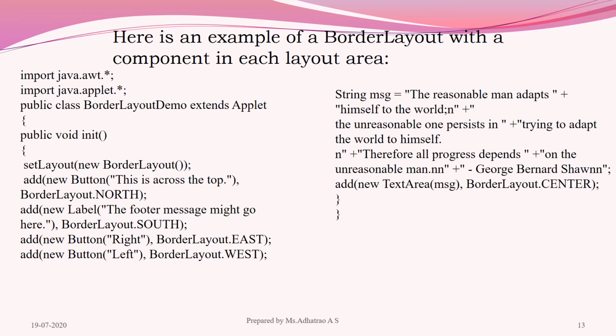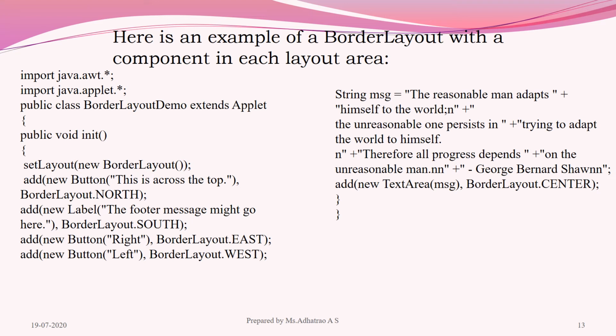Then I am going to add another button at east and another button at west. So this is how the region is defined for a particular component using border layout. And in the center I am going to add my text area.